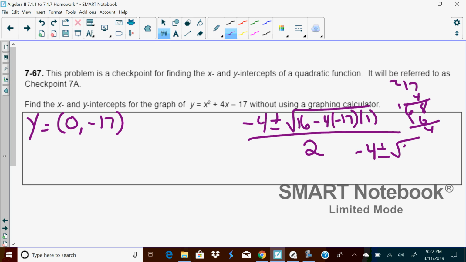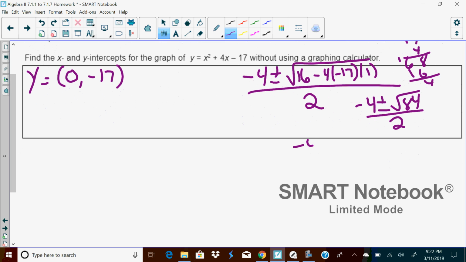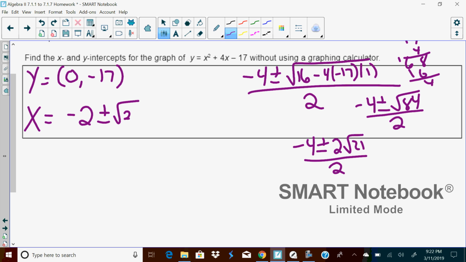So the square root of 84 divided by 2. Well, 4 goes into 84 21 times. So I get the square root of 4, which is 2. So I'm going to get negative 4 plus or minus 2 square root of 21 over 2. I can simplify. So my x-intercepts are negative 2 plus or minus the square root of 21, comma 0.